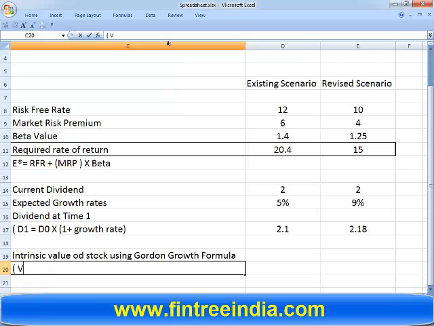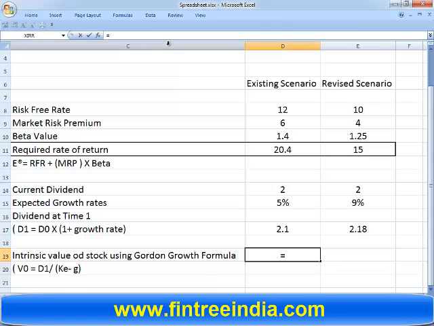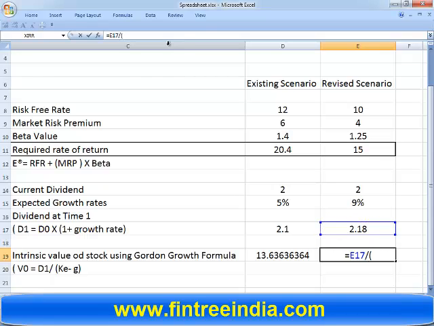So here you will say value at time 0 is equal to dividend of time 1 divided by KE minus G. Okay, is equal to 2.1 divided by 20.4% minus 5%, is equal to 2.18 divided by 15% minus 9%.